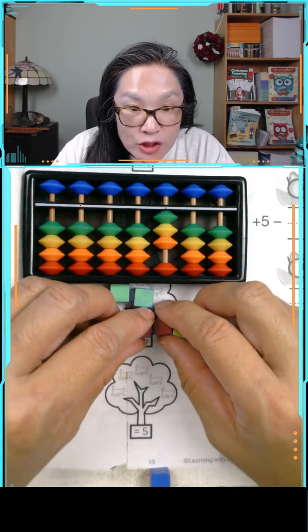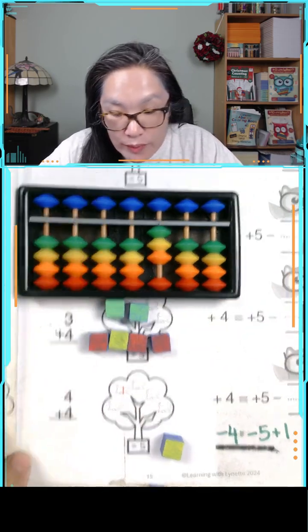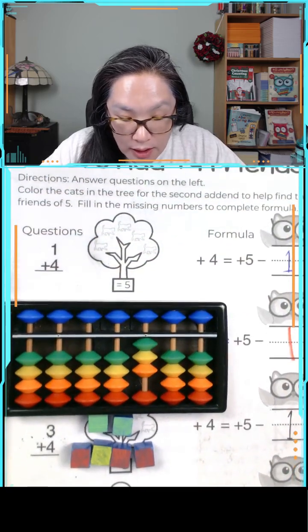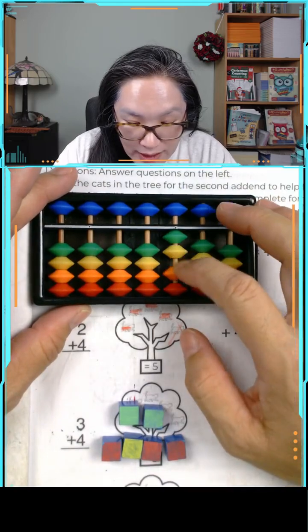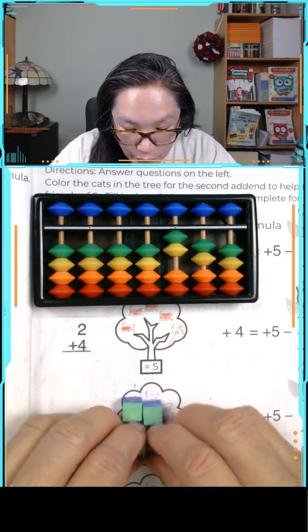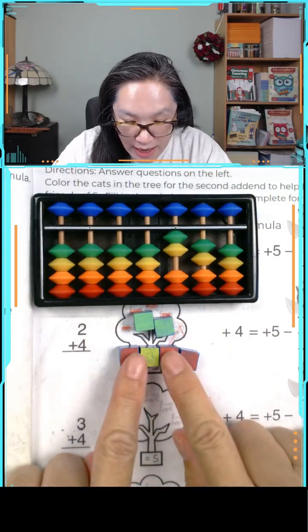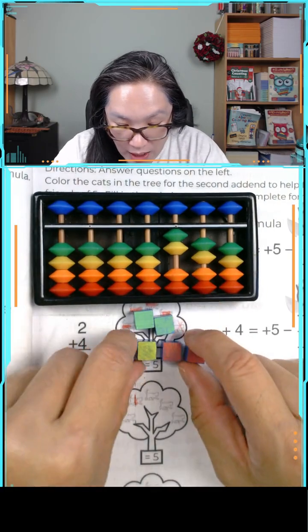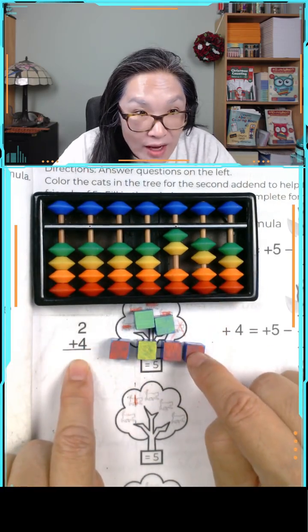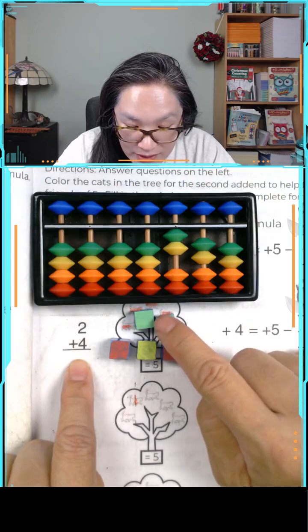So we do it again. It gets to the point where it becomes more automatic. We want to get it automatic, right? So we do 2 on the abacus. I want to add 4. There's no more room to add the 4. But guess what? I've got to round this up to 5. So I've got to take away the 1.